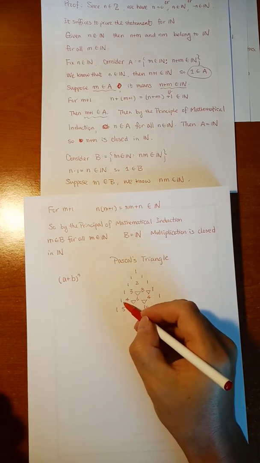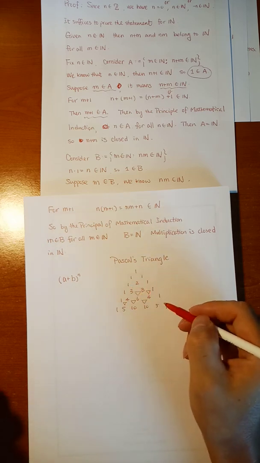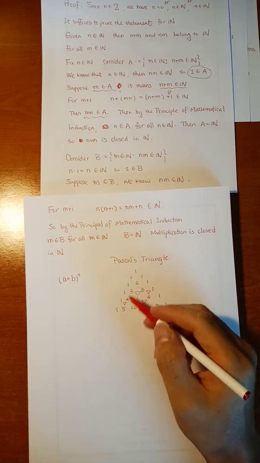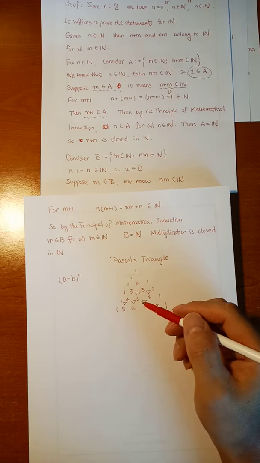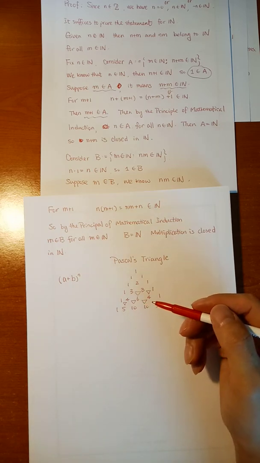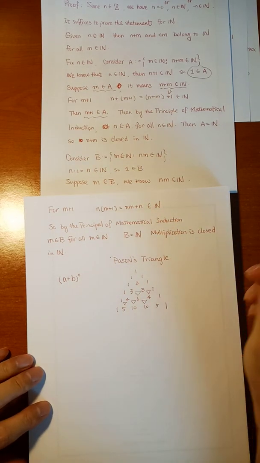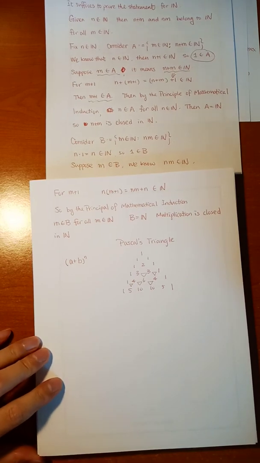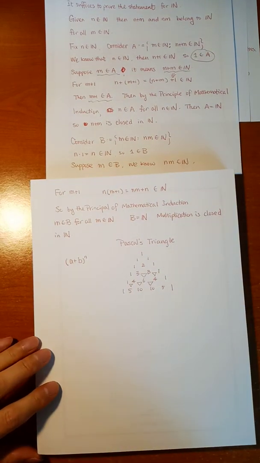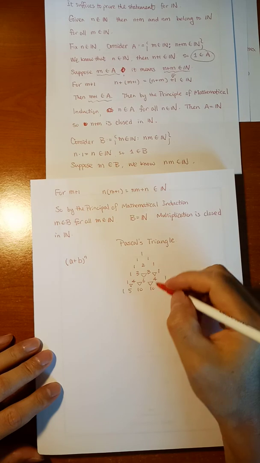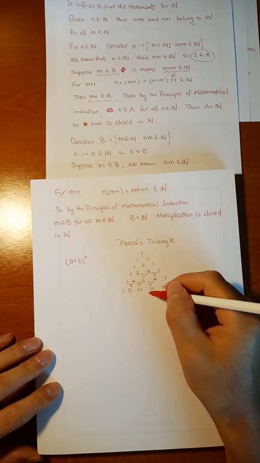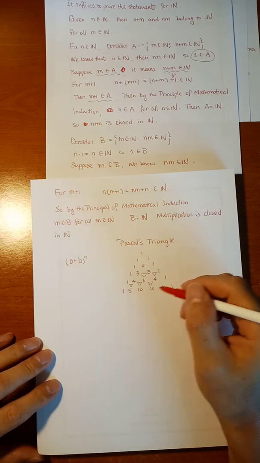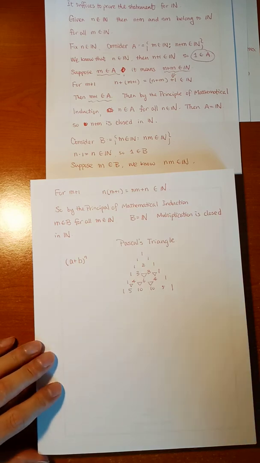And the left and right sides contain just the number 1. This is the so-called Pascal's triangle. All those numbers have a binomial coefficient notation.